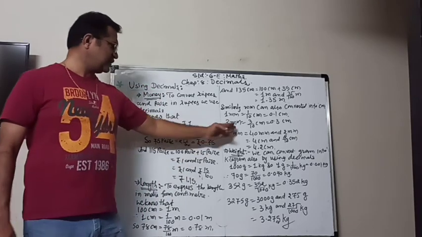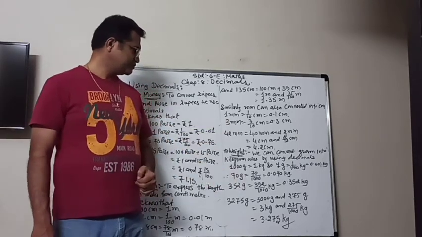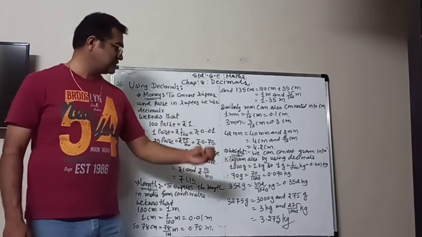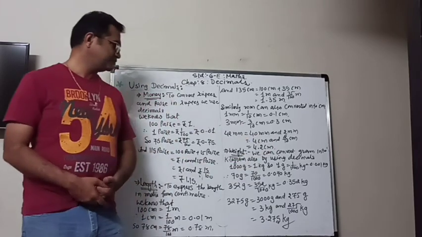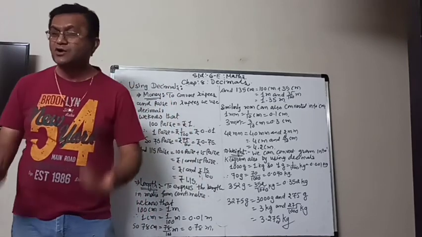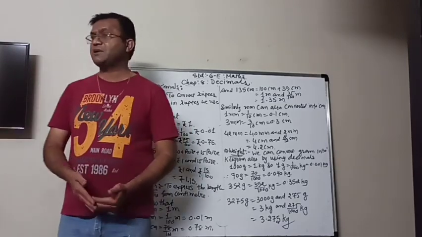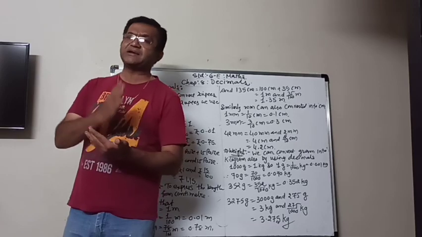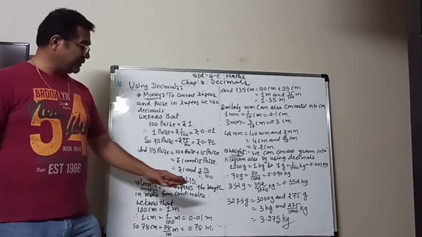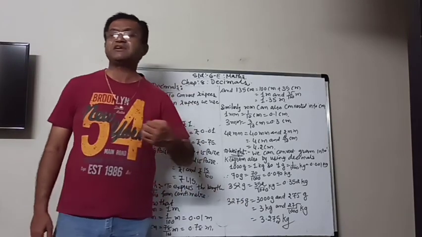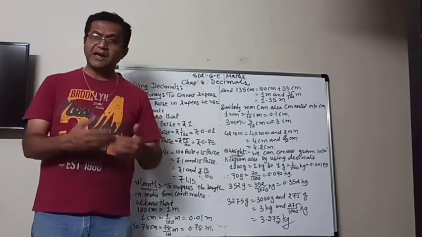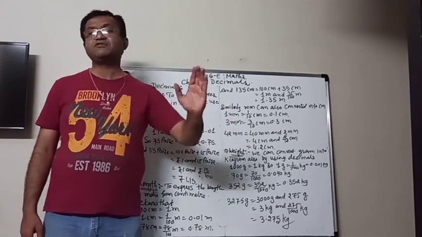So if it is 70 gram, that will be 70 upon 1000, meaning 0.070 kilogram. 352 gram, so 352 upon 1000 kilogram. So that will be 0.352 kilogram. And then if it is 3275 gram, that is 3000 gram and another 275 gram.